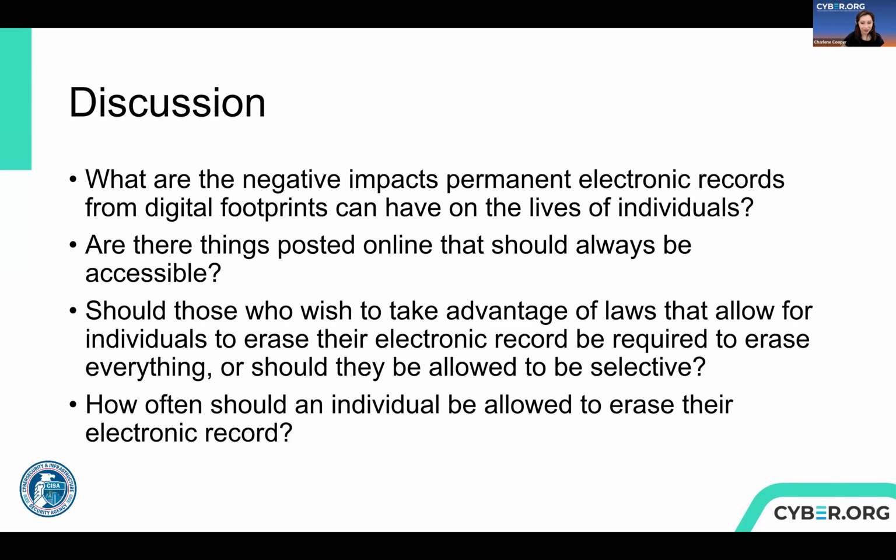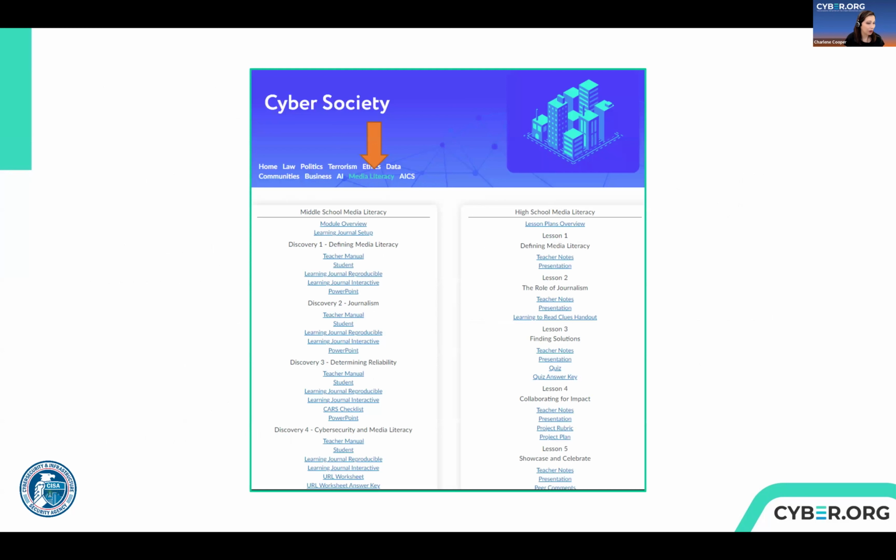Moving along, one of the next things that I wanted to point out is our media literacy content. We have lessons here for middle school and high school. I also want to point out that we've had in the past a media literacy unit for elementary school.